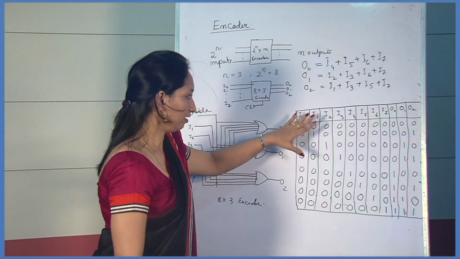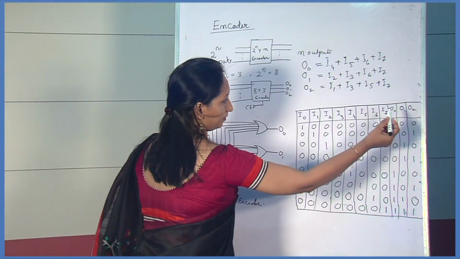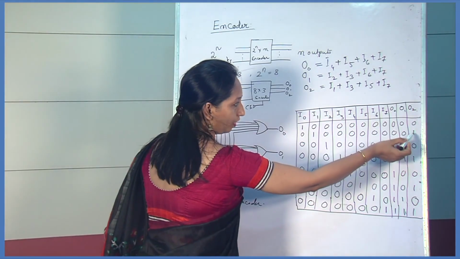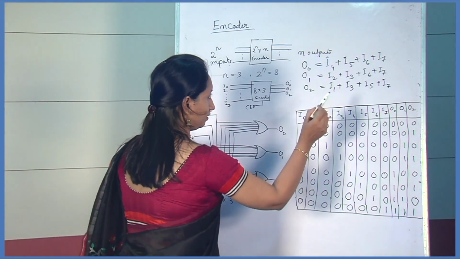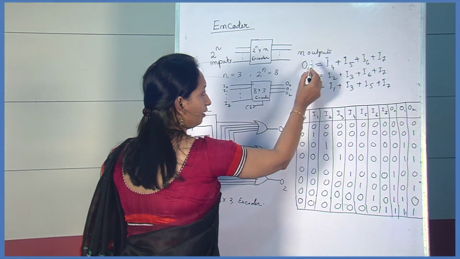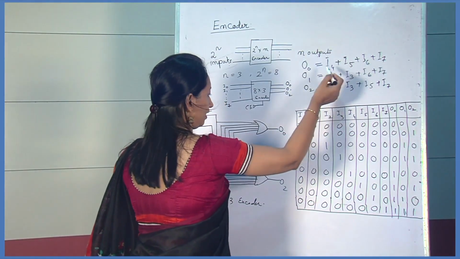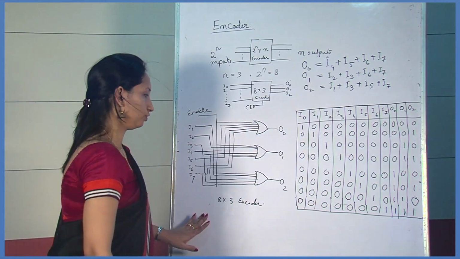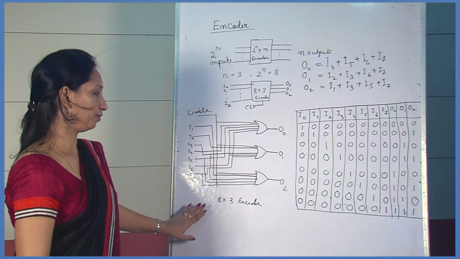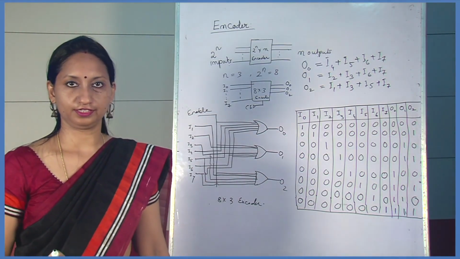So accordingly this truth table has been drawn, and when the output is 1 we have checked the inputs. So when output O0 is high, these inputs are high. So we have combined it, added it, and then we get the 3 outputs. So this is the logic diagram of 8x3 encoder. Next we will see the decoder circuit.